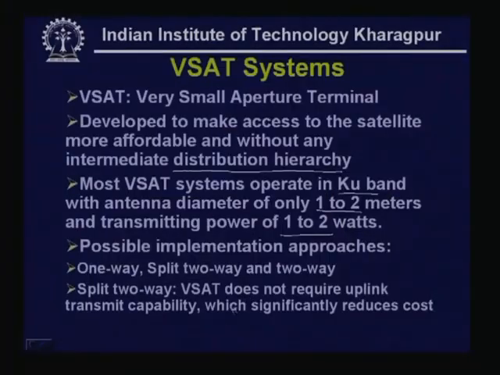There is no uplink transmission from the ground station to the satellite, and that communication is done with the help of some other system. It can be PSTN, public switched telephone network, or a cellular telephone network, or whatever it may be. That is how a split two way system does not require uplink transmit capability, which makes it simpler. So, this is used in many situations.